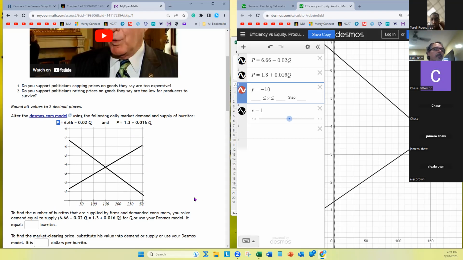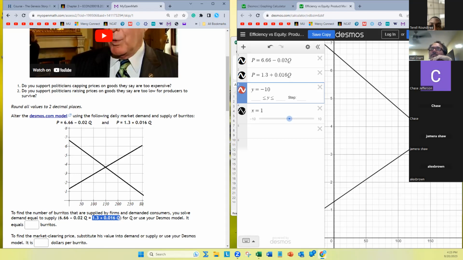Now, to find the number of burritos that are supplied by firms and demanded by consumers, you can solve demand equal to supply, which I paste right here, right? This is the demand curve, and this is the right side of the supply curve, and I just set them equal to each other, and you can solve that for Q. Or you can use the Desmos model, right?